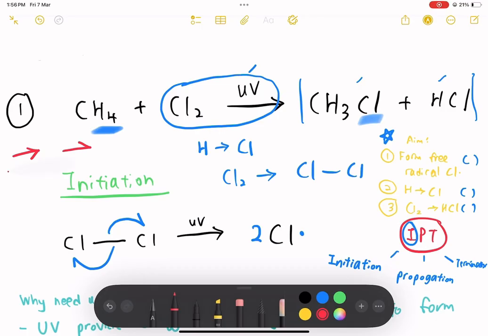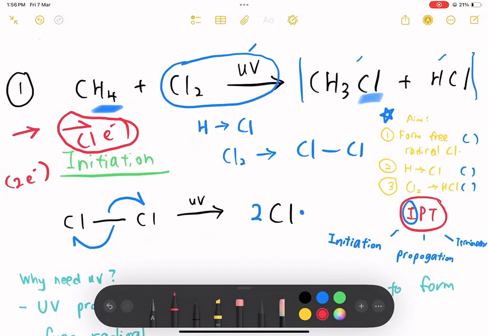Because this arrow is for the movement of two electrons, but this one is for one electron. So in free radical substitution only, we use this half-headed arrow. 2Cl dot is actually Cl dot plus Cl dot, but I write it like this. Please note that this is not Cl2 but 2Cl dot.